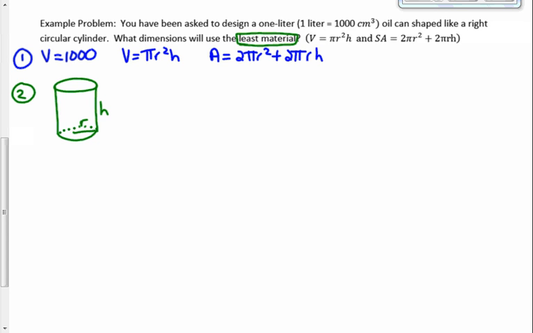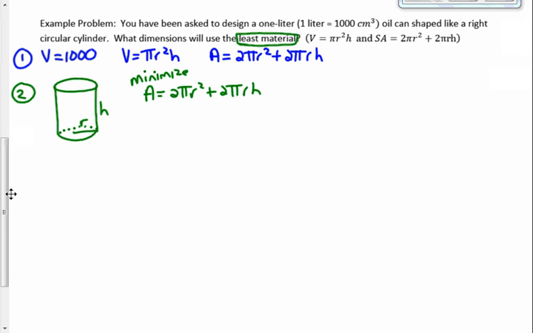The material is the surface area of this cylinder, so I'm trying to minimize the area, which is 2 pi r squared plus 2 pi rh. So that's step 2. Step 3, make a second equation with the constraints given in the problem.